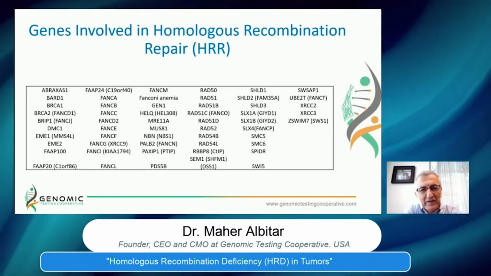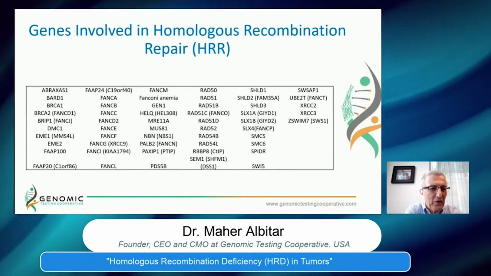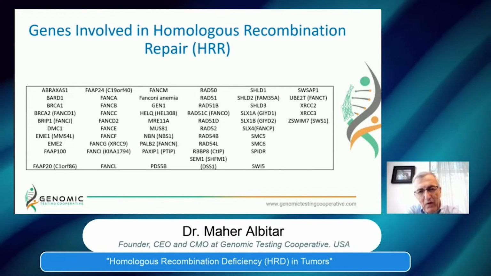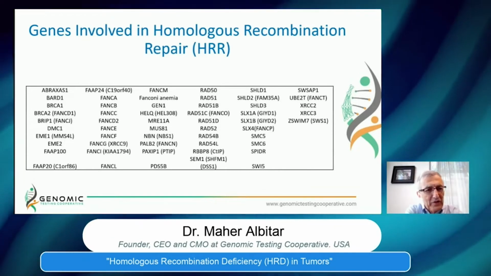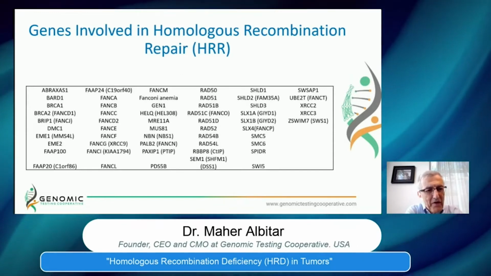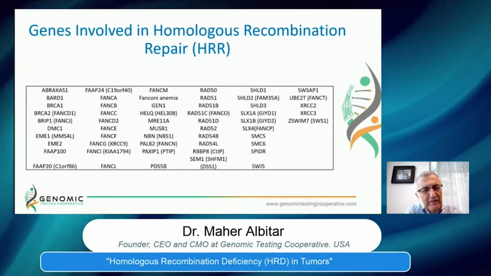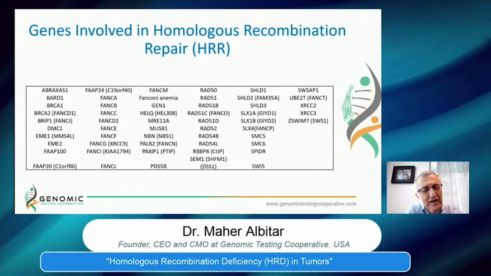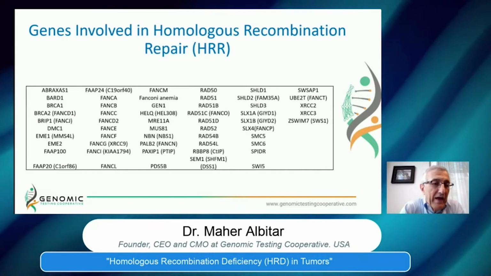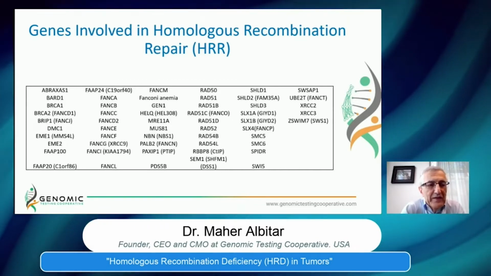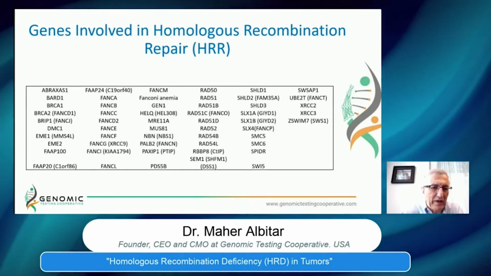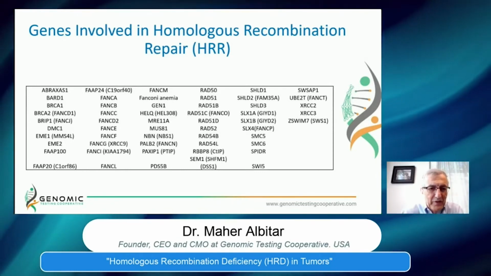So methylation can deactivate any one of these genes without mutations. And now, even in BRCA1 and BRCA2, we can see methylations that affect the expression of these genes or cause deficiency of these genes without mutation. And this is a very important field that is evolving today.